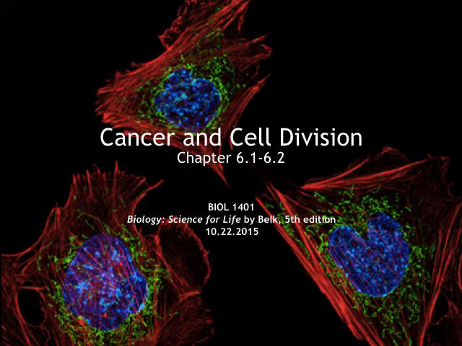So, we finished looking at how cells use energy, how they make ATP out of food, and how plants can make their own food, sugar, out of sunlight using energy from sunlight. And now we're going to be moving into a unit that is going to be looking at cell division, how the cells in our body divide, how we pass on genes to the next generation of offspring, and exactly how that works.